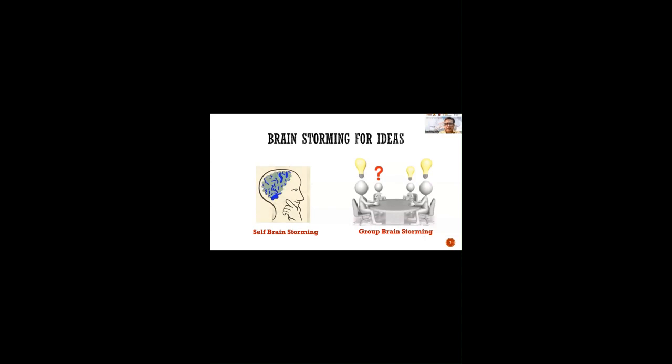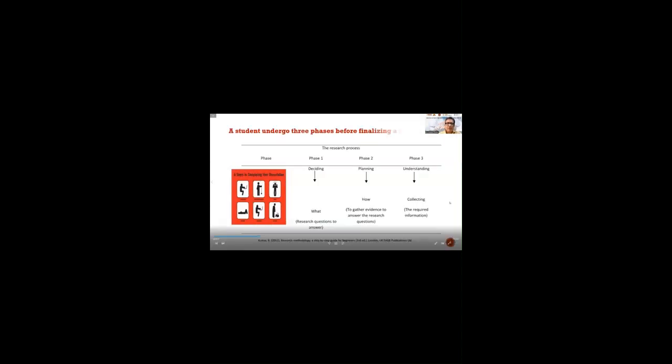Now, what are the three phases before you finalize the research? The first phase is deciding. If you see this diagram on the left side, this is about how difficult it becomes for a postgraduate who has just passed the undergraduate exam and doesn't know the intricacies of how to do research.